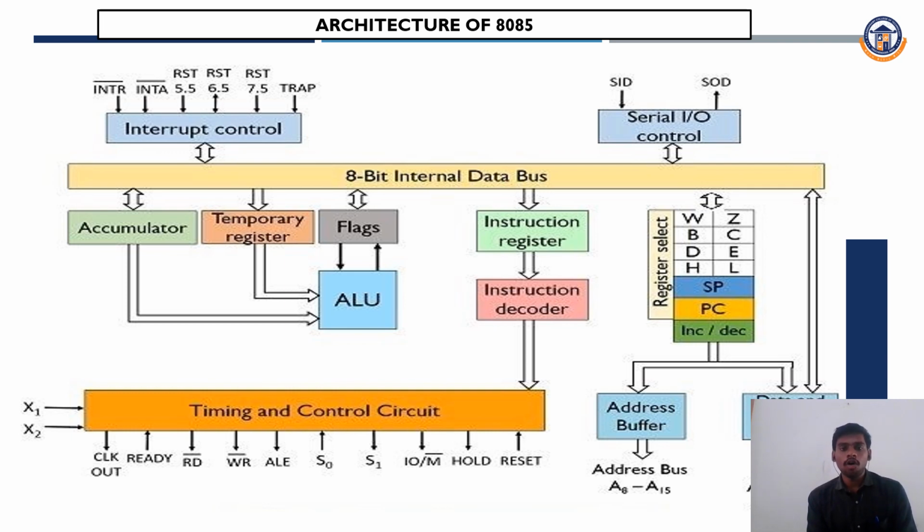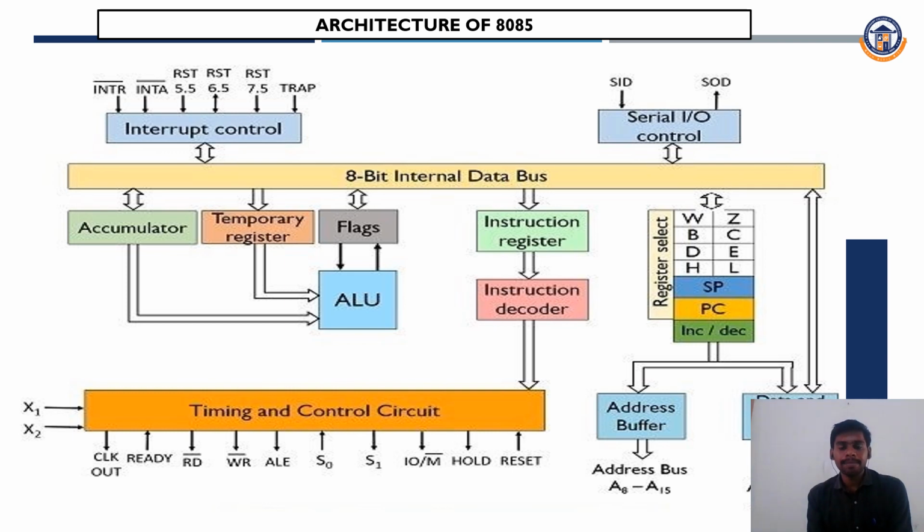This is called an interrupt. Trap is the highest priority interrupt. INTR, RST 5.5, 6.5, 7.5, these are the interrupts. Next one is serial input control and serial output control. This is serial input data and serial output data.